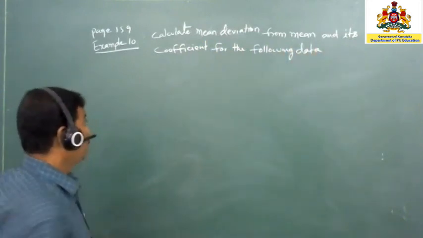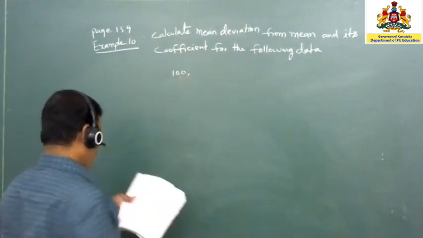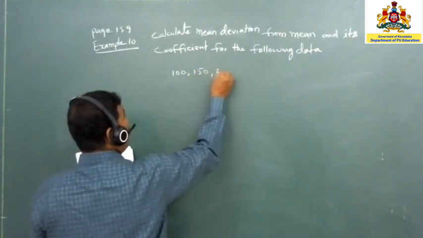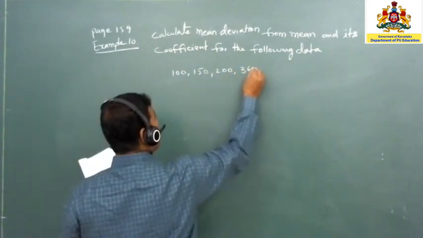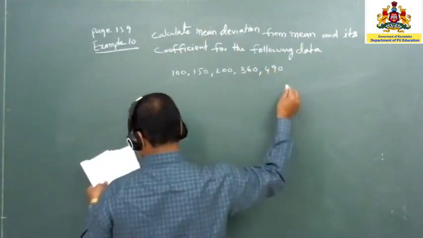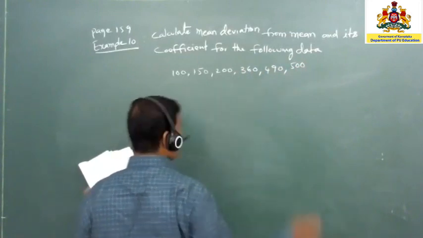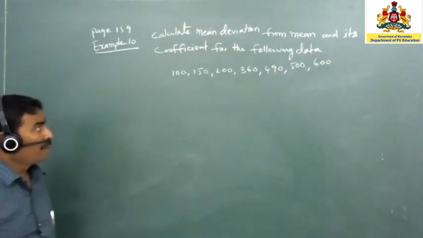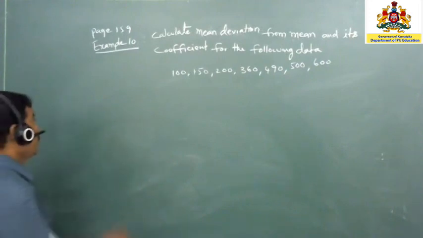The observations given are 100, 150, 200, 360, 490, 500, 600, totally 7 observations.